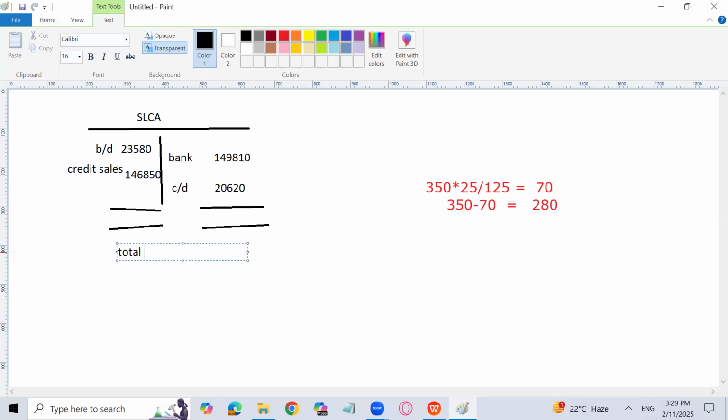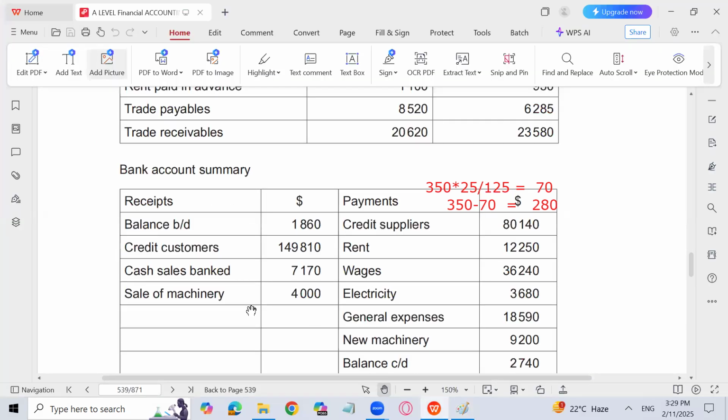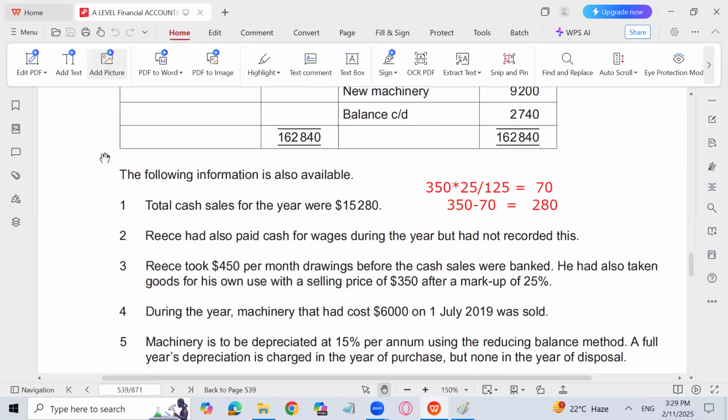Now I'm going to find the total sales to be written in the income statement, the statement of profit and loss. What is the amount of cash sales? It is given. Normally we used to prepare the cash account to find the amount of total cash sales. But in this question, though the cash account is required, we don't need to find the cash sales on the debit side. So cash sales is 15280.